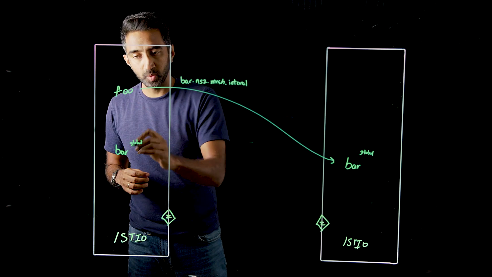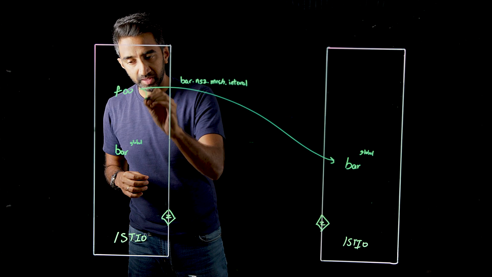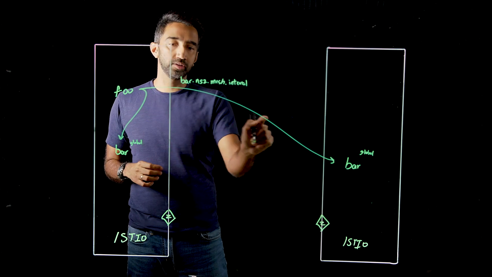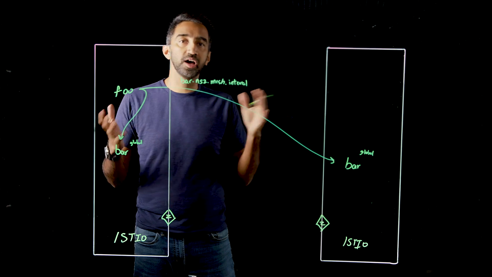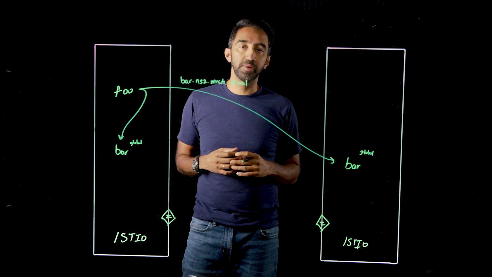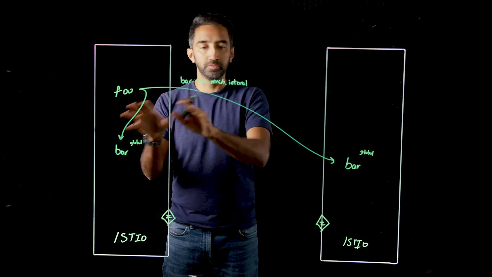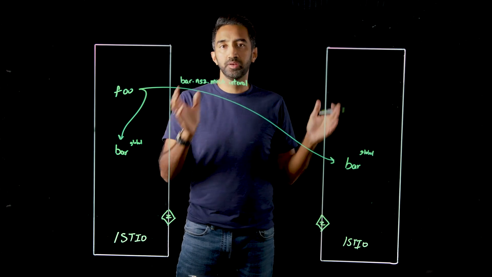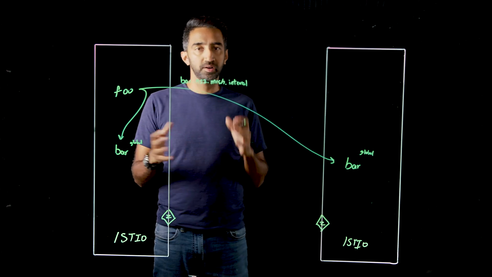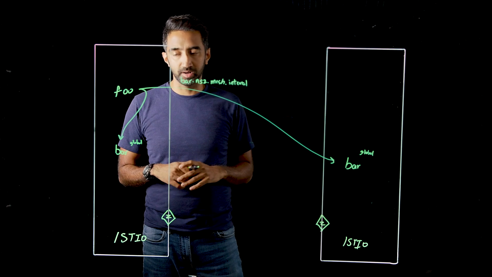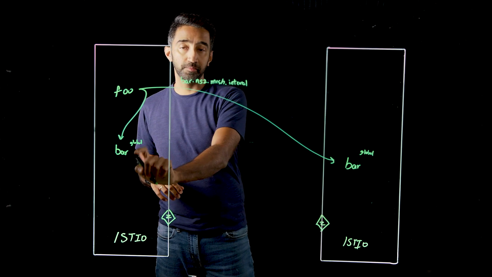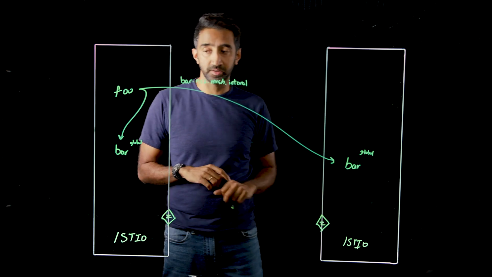When foo wants to call bar, if they use the same hostname, it will be routed to the closest instance of bar. And there are other load balancing policies you can apply based on how you want to route the traffic. Maybe you want to route it to a specific region or stay in a specific zone, etc. You have those advanced capabilities available to you. So if you call this hostname, you get load balanced between bar on this cluster and bar on that cluster.